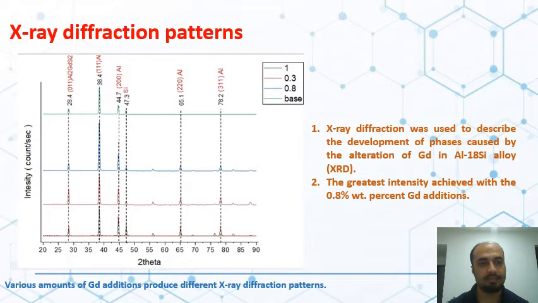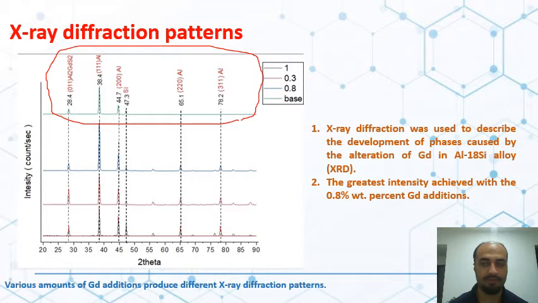For the XRD, X-ray diffraction, it was used to describe the development of the phases caused by the alteration of Gd in aluminium 18 silicon alloy.